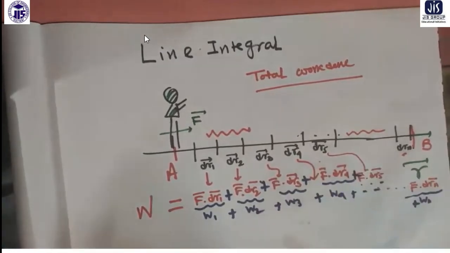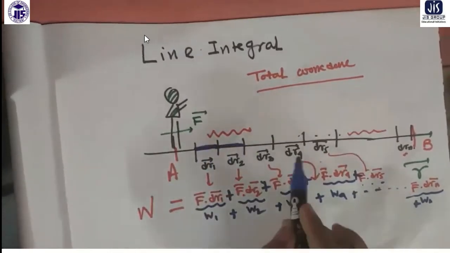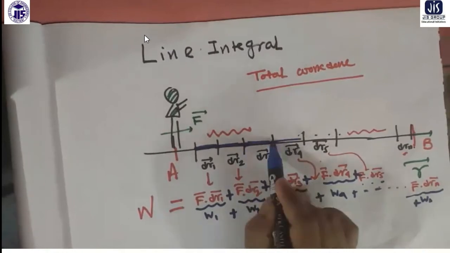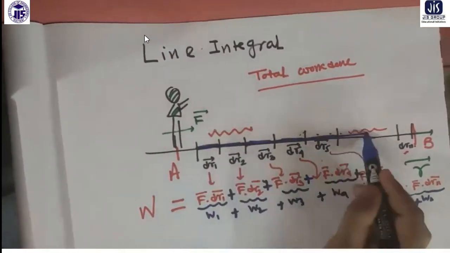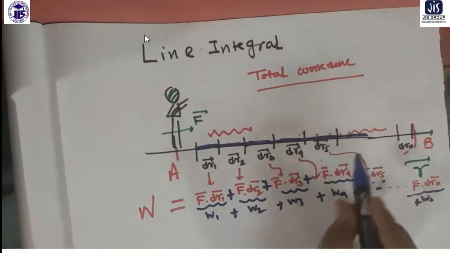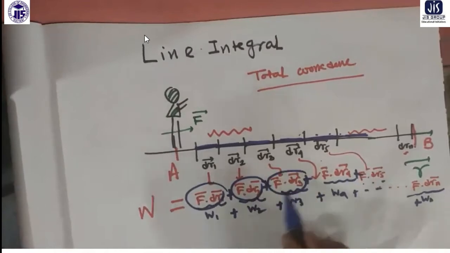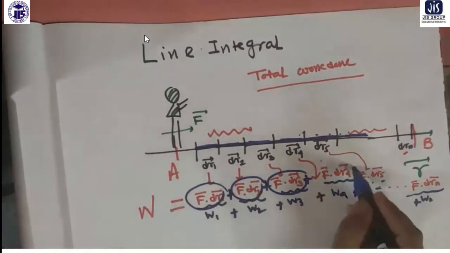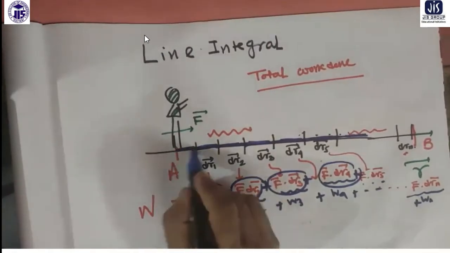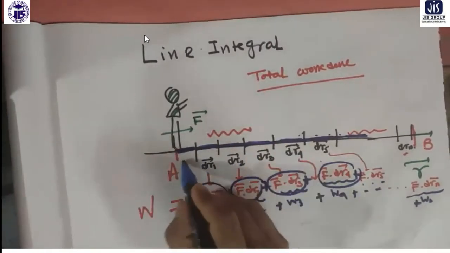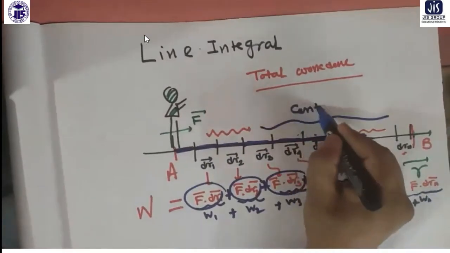So basically, you are adding the work done in this part, in this part, in this part, and like that. If you are doing this summation, it means you are adding along this path starting from point A and ending at point B. You see, this path is a continuous path.